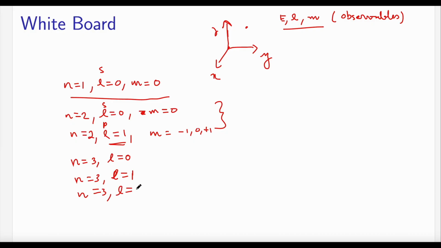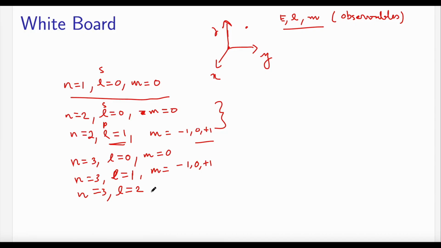That's it. And corresponding to L is equal to 0, what is the possible value of m? There is only one, that is 0. For L is equal to 1, possible values of m we have already done here. Minus 1, 0, plus 1.